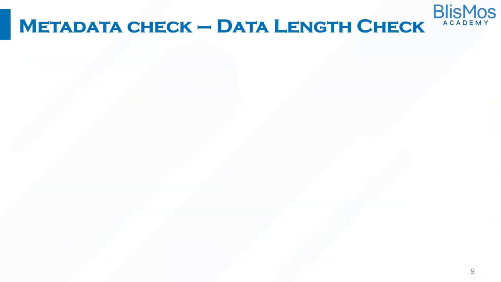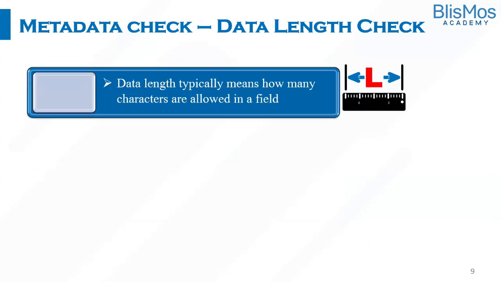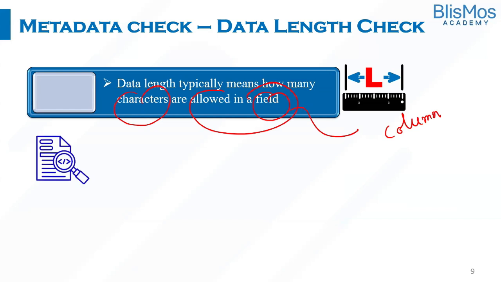Then comes the data length. What length are we talking about here? We are talking about data length here, isn't it? When I say data length, it is nothing but how many characters are allowed in a field. When I say field, I'm talking about a column again. As we have seen in the example of the customer table earlier, customer name should be only 20 characters.